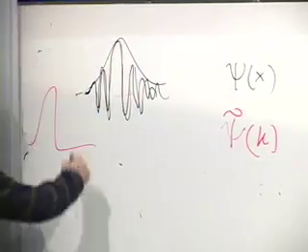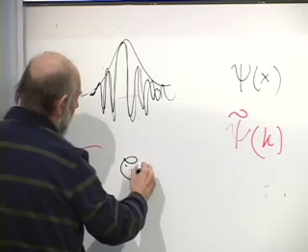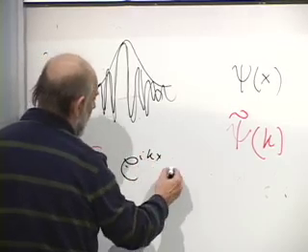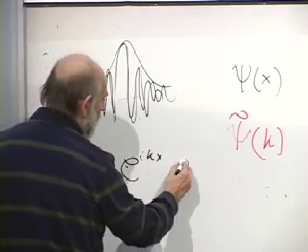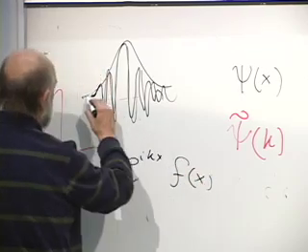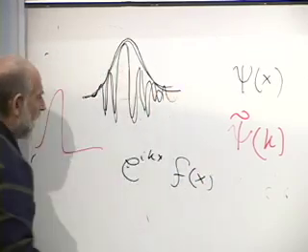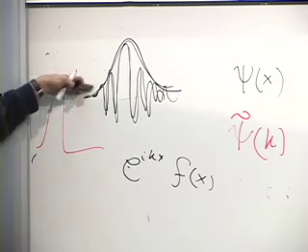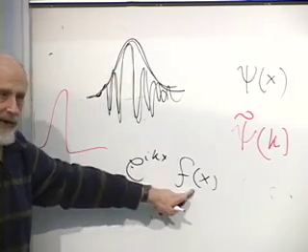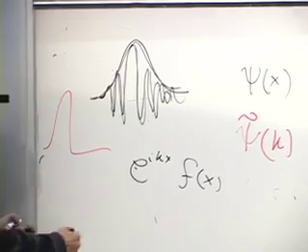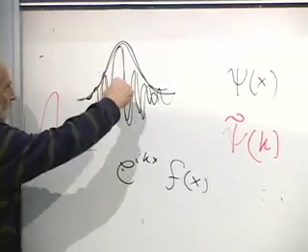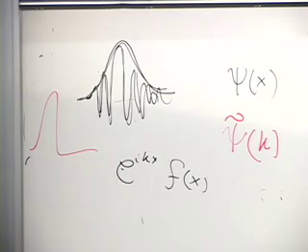Wave functions which look like this. For example, you just take e to the i kx and multiply it by some function of x which looks like that. This will be something which is concentrated in x by virtue of this factor, but it will also oscillate pretty much like a plane wave inside that lump.